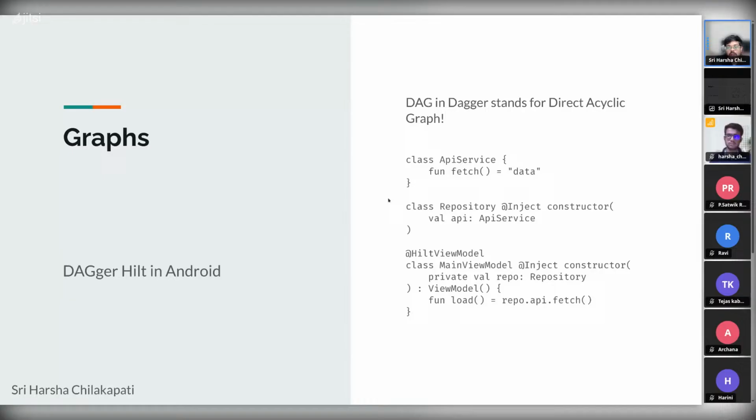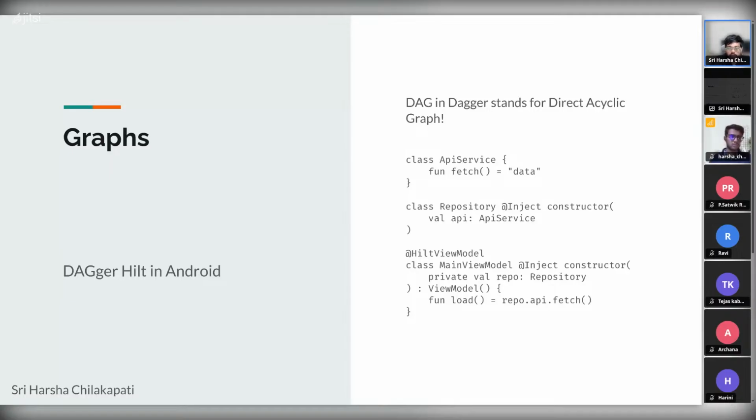Let's say you have a simple class, API service. There is a fetch function. On calling it, it returns some data. Then there is a repository whose constructor takes an API service, and you are annotating that constructor with @Inject.